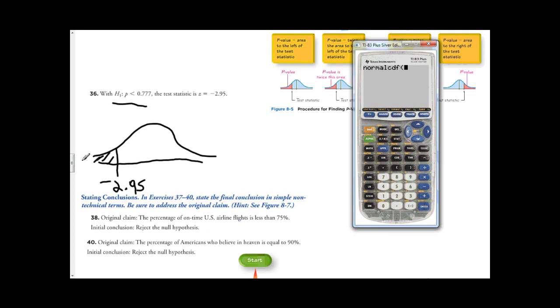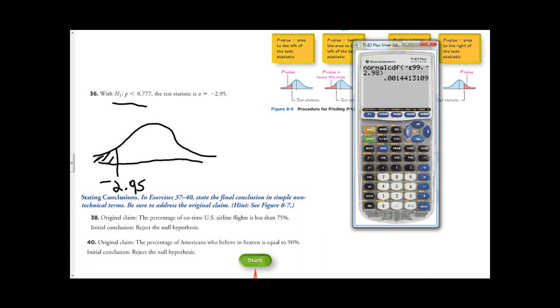Well, there's no left bound to our area. So we're going to put negative infinity, which is negative E99. Then comma. Then we're going to go all the way up to negative 2.95. That's the right Z. And we are going to press enter.